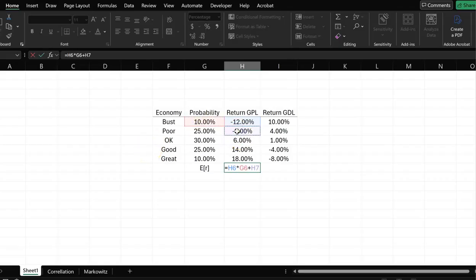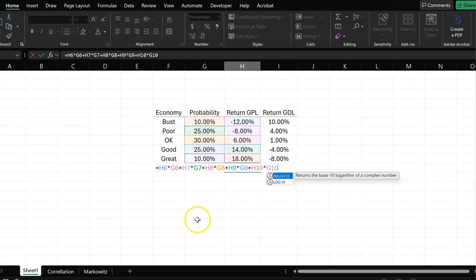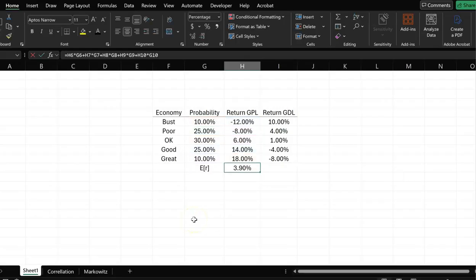So I just took minus 12% times 10% plus 8% times 25% and so on and so forth, and finally 18% times 10%. All of that will give me the expected return.